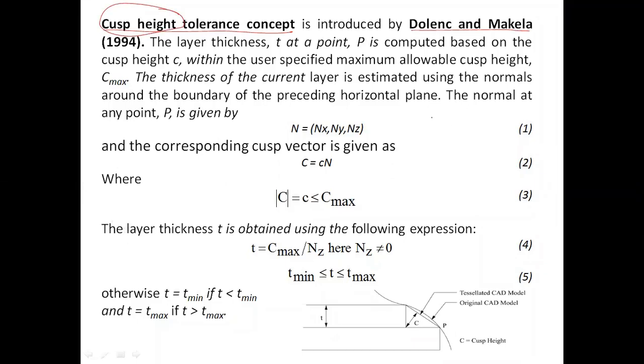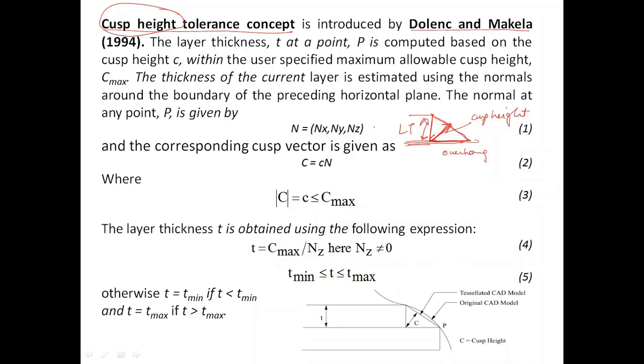Just to give you a brief idea: suppose these are the two layers, and I create a facet with the overhang. This is the overhang and this is the layer thickness, then this triangle is called the facet, and the vertical distance between the joining of the overhang and layer thickness and the other edge of the facet is called the cusp height.